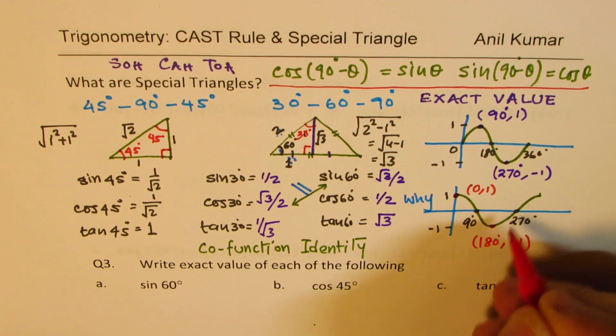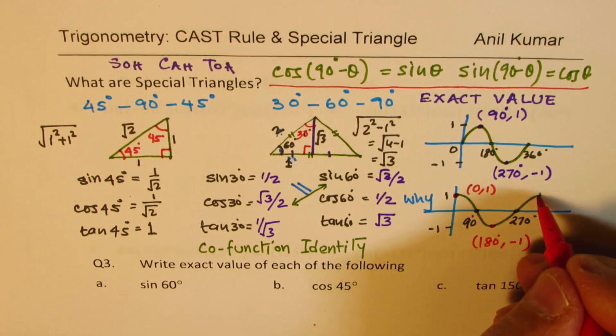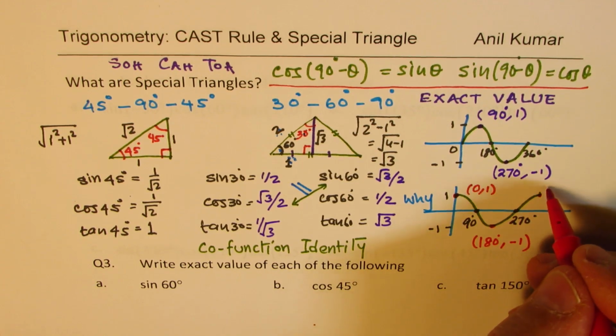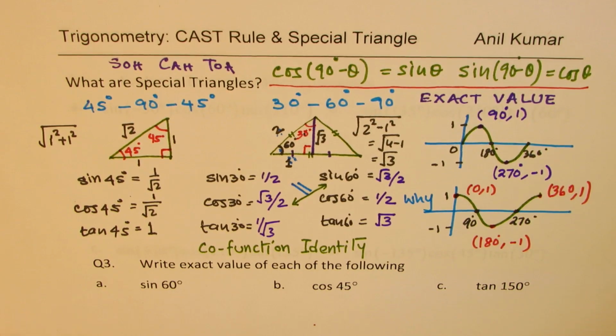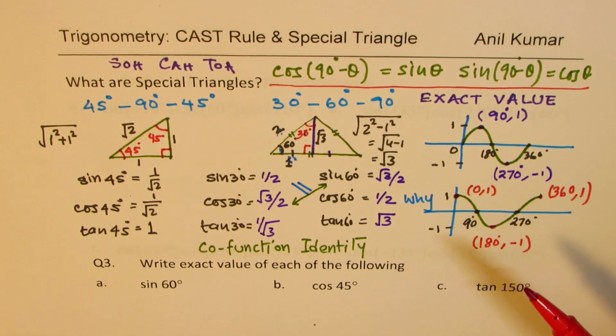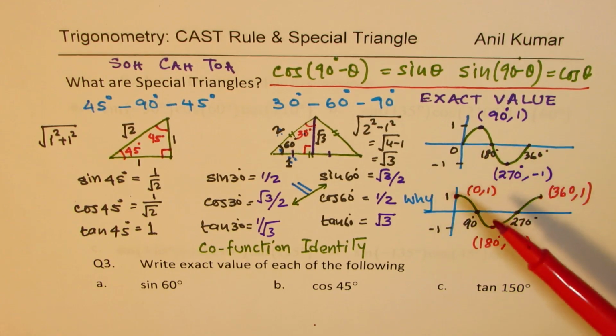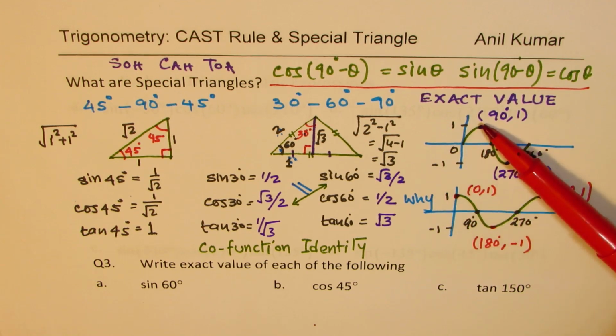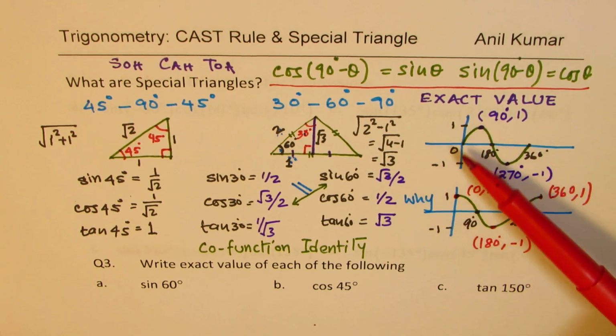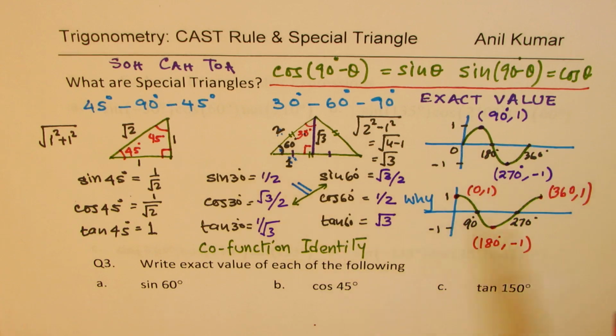And it is -1. Do you see that? And the maximum also happens at 360 degrees. Do you get this? So that is another very important thing which we've tried to figure out from the graph. So if you are working with sine and cosine and tangent ratios, for zeros and ones, you should look into these graphs, sketch them, get a clear idea. Perfect. I hope that makes sense.